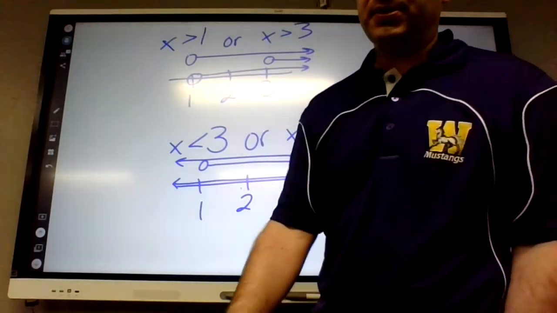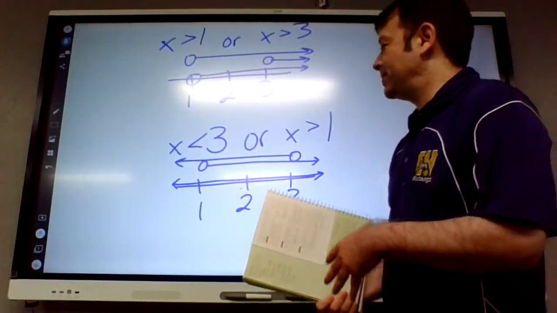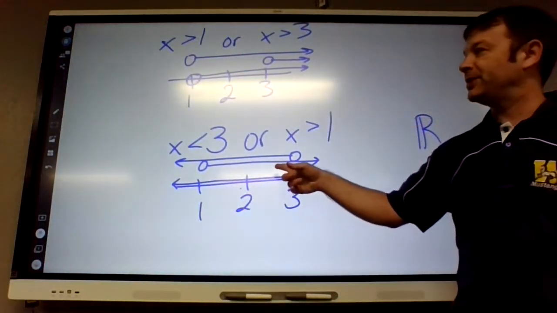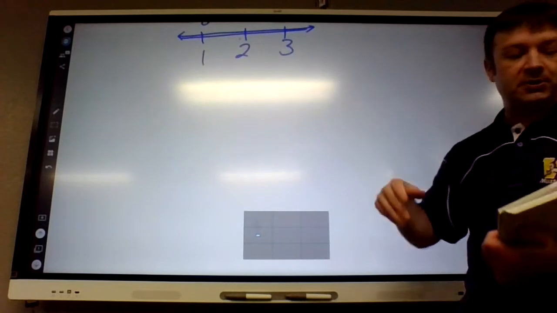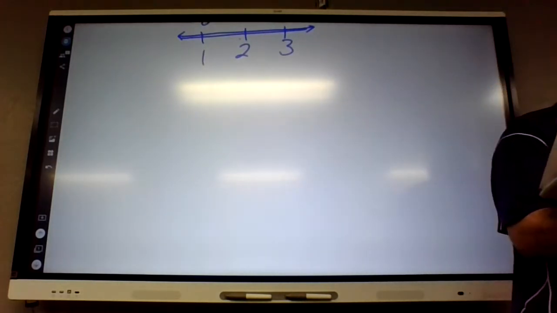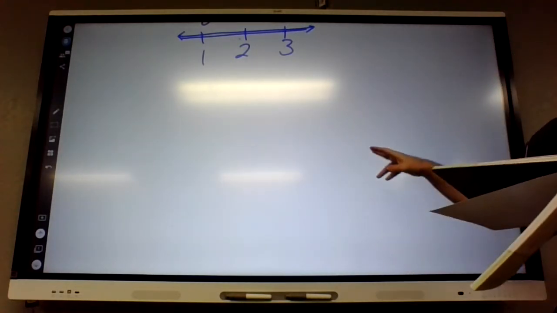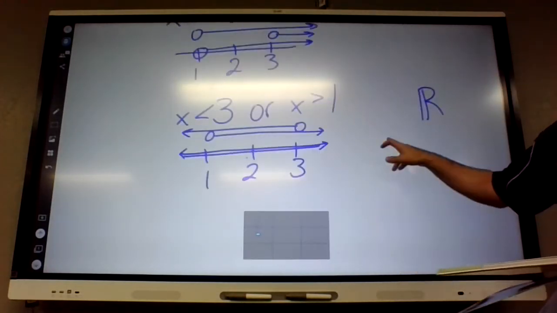All right. It's pretty similar to yesterday, but as you can see, how you have to think is a little bit different, especially with the graphs. So let's look at number 1. In a conjunction, inequality statements are joined by the word what? And.